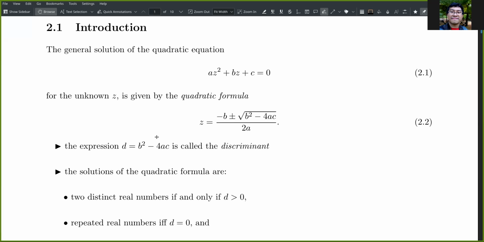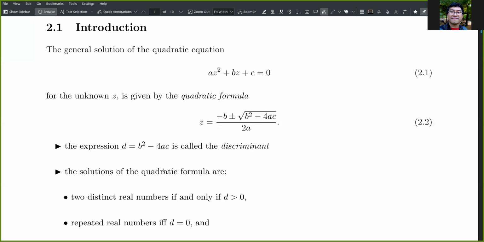As an introduction, remember that the general solution of the quadratic equation, for z unknown, is given by the quadratic formula, this expression. This term inside the square root, we denote as d equals b squared minus 4ac, is called the discriminant.